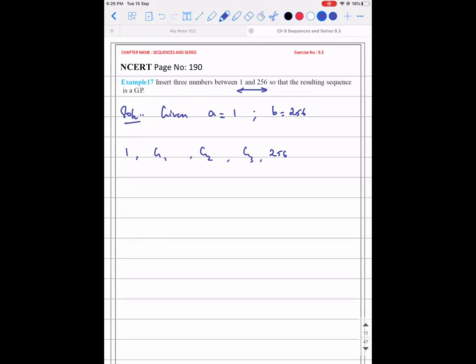Tell me. We need to find the common ratio. So what is the formula for common ratio? R is equal to B divided by A, the whole power 1 by n plus 1. So B is 256 divided by A is 1, raised to the power of 1 divided by n plus 1. The number of terms expected is 3, so n plus 1 will be 4.